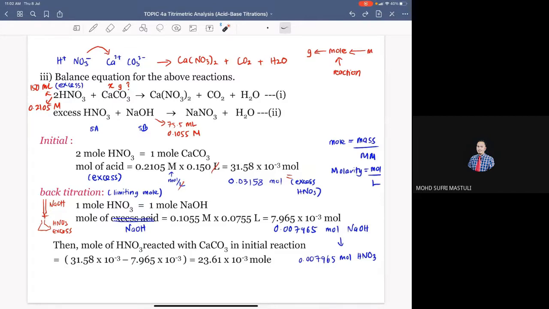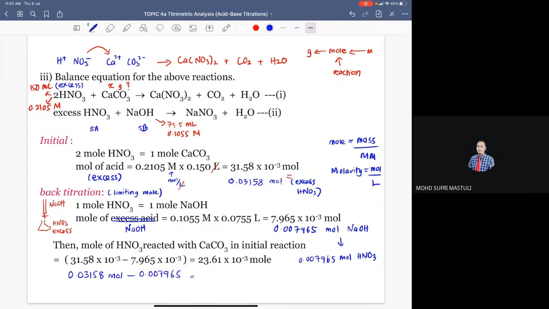This excess mole of nitric acid, 0.03158 mole, minus the real mole during the titration, 0.007965.